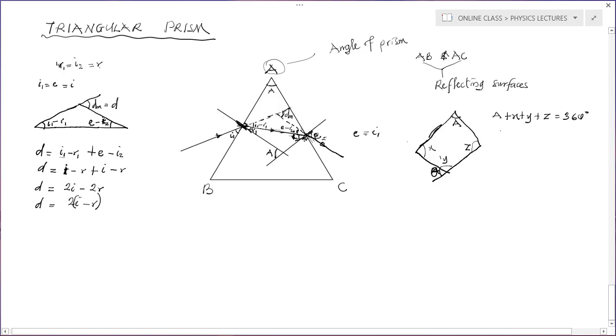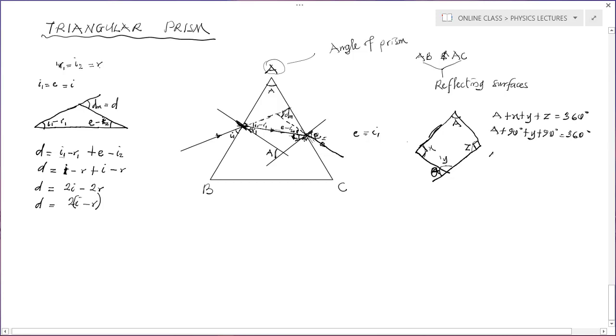So from there, what do we now have? You will see that from our calculation, here is angle 90. Here is angle 90. So we leave this place and this place, that is different. That means we'll just say A plus 90 plus X plus Y plus 90 equals 360 degrees.